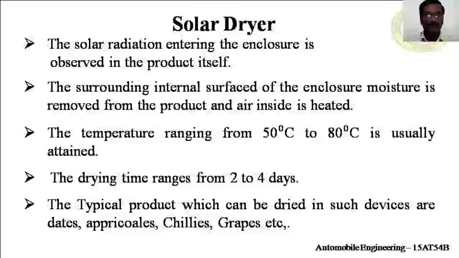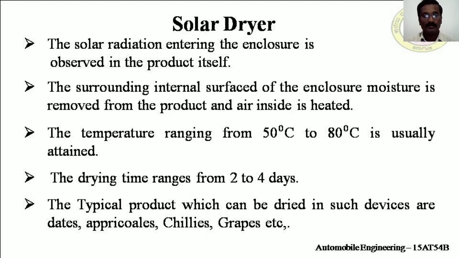The solar radiation enters the enclosure and is absorbed by the product itself and the surrounding internal surfaces of the enclosure. Moisture is removed from the product and the air inside is heated. A temperature ranging from 50 degrees Celsius to 80 degrees Celsius is usually attained.